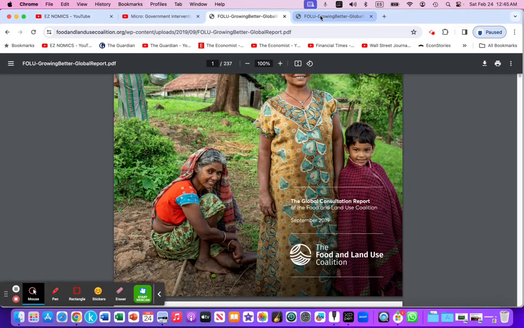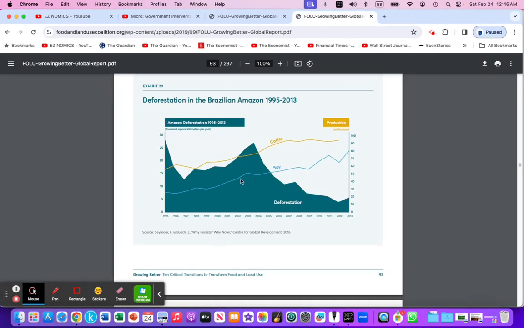Within this report, it highlighted that in Brazil, there was a positive relationship between increasing cattle production and deforestation, that farmers receiving subsidies to produce more cattle would clear land so that cattle can have space and graze on the land and so forth.